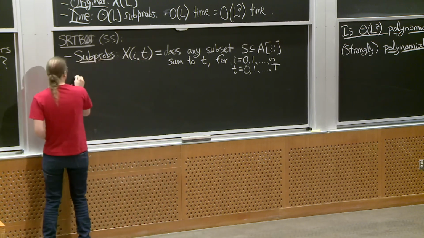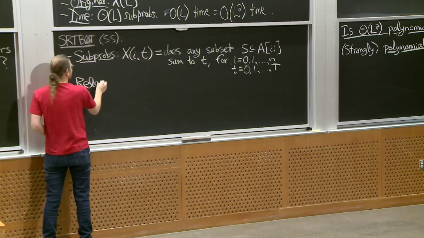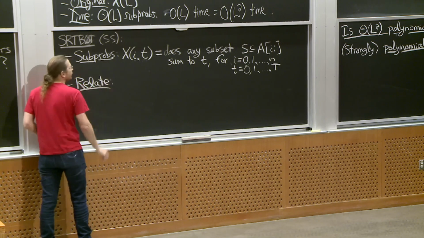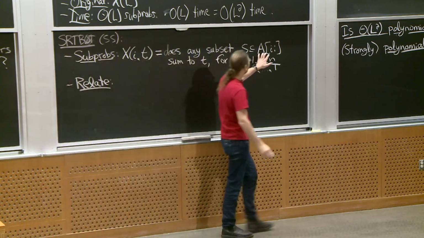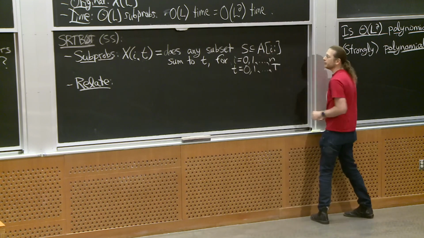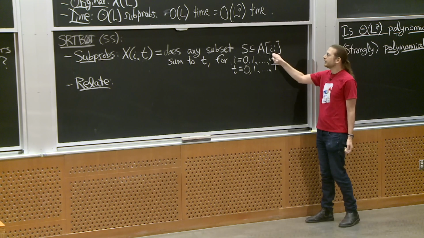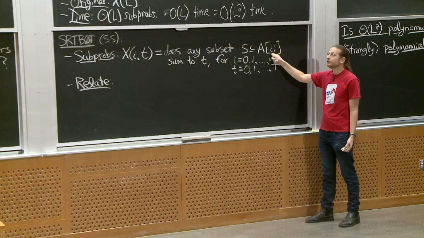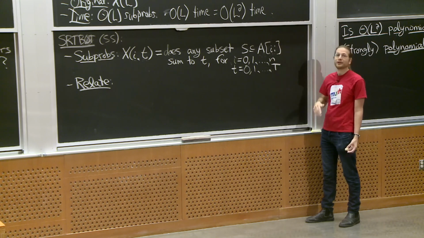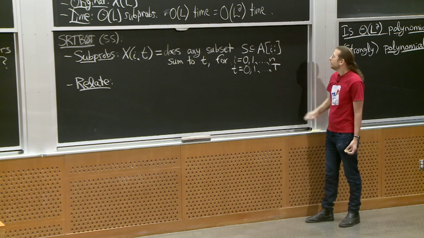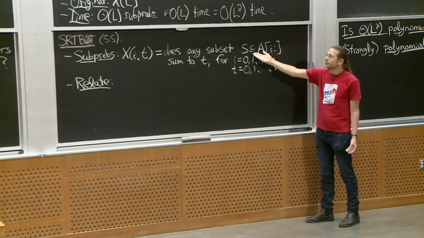Cool. Now I claim I can write a relation, like I said, so we have this suffix from i onwards in A. Because I'm looking at suffixes, I want to keep with suffixes, so I should try to guess what happens to A of i, because then what will remain is A of i plus 1 onwards. And A of i can either be in my subset S or not.